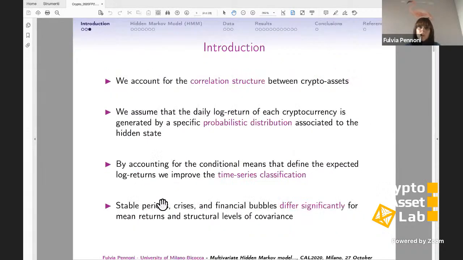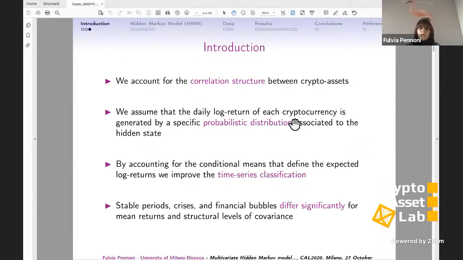So in this presentation, we are considering the correlation structures between crypto assets, and what we do is to model the daily log return of each cryptocurrency, and to assume that it is generated by a specific probabilistic distribution which is associated to each hidden state.